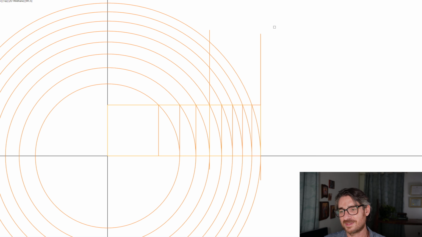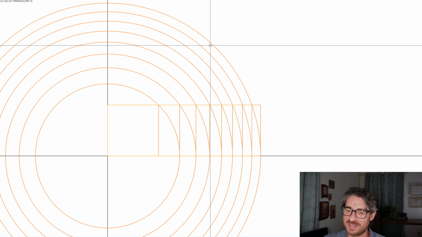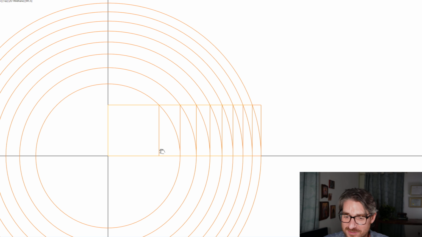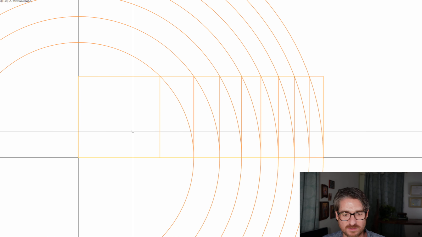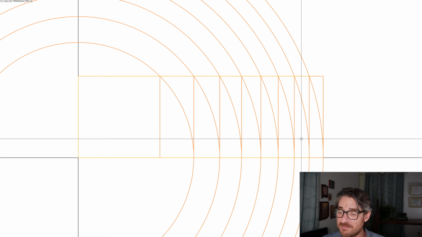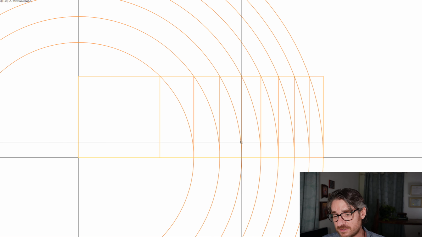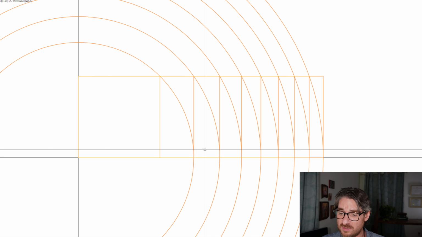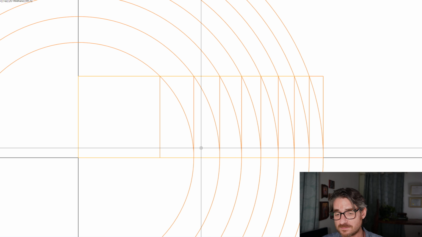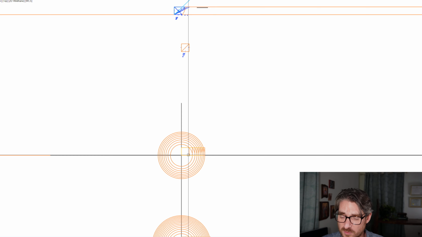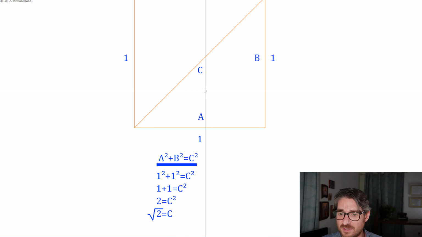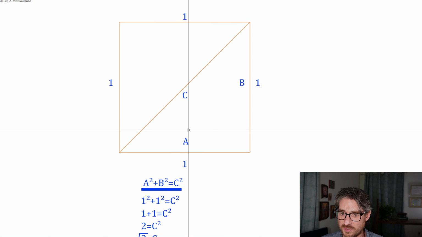Okay, so what did I just do? This is a very fun little tool to quickly and geometrically create the square root of integers. And so I'll do a quick explanation here so we can see what's going on.